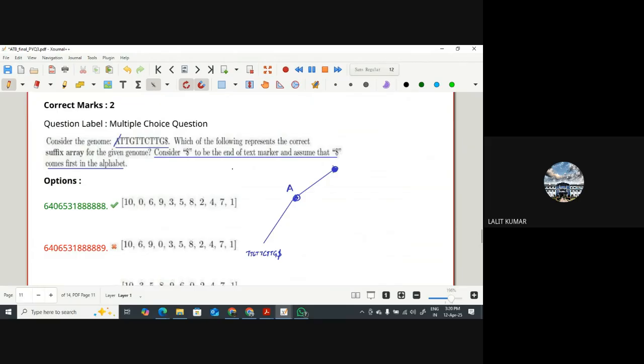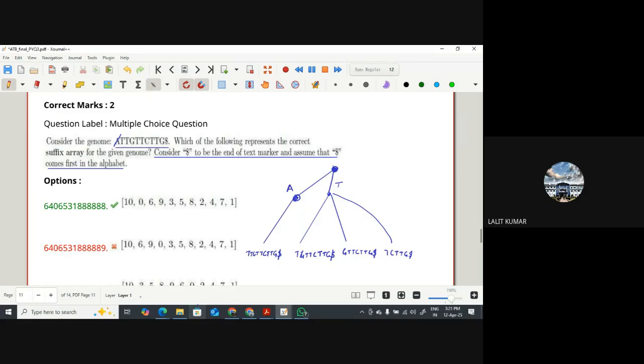Now we come to T. Now T will give me first T T T G T T C T T G dollar. Then the next T will give G T T C T T G dollar. The next T will give T C T T G dollar.